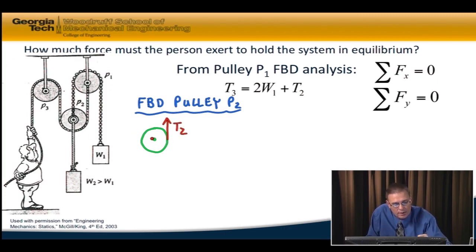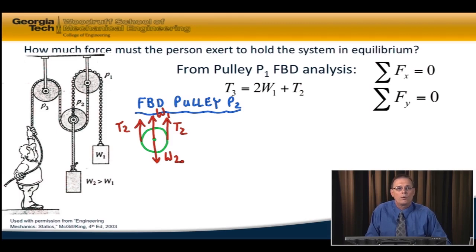The tension in that cable is the same throughout, so if I cut it on the left-hand side, it's going to pull up, T2. In the middle here, if I cut this chain, remember the tension in this chain was the same throughout, and it was equal to W1, so that's up, W1. And then finally, I have the tension in this rope, which is hooked to weight 2, and so that's down, and that's weight 2. So that's a good free body diagram. That's what you should have arrived at.